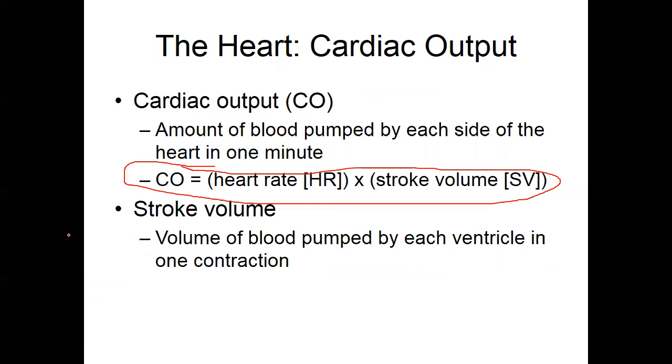You need to either know that it is heart rate times stroke volume, be able to pick out the question, or, given a set of numbers, be able to calculate it. That's the give-me question. You don't want to miss a give-me question. Stroke volume is the blood being pumped through the ventricle in one contraction.